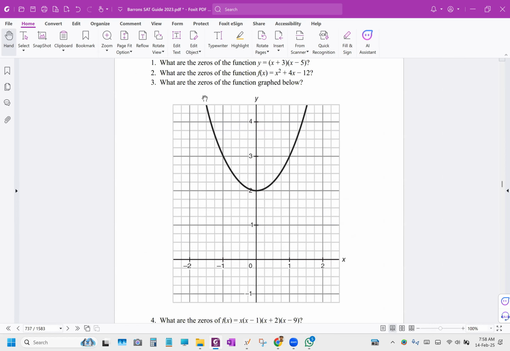So the mathematical representation of this graph has a real solution, and it also has an imaginary solution. Imaginary solution and real solution mean that this is a situation where this parabola has no real solution.